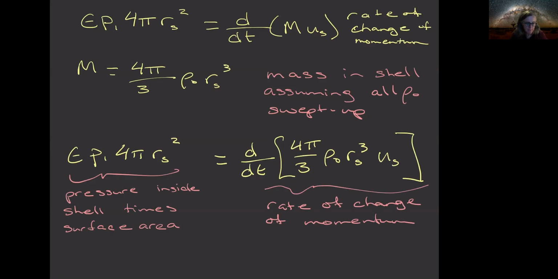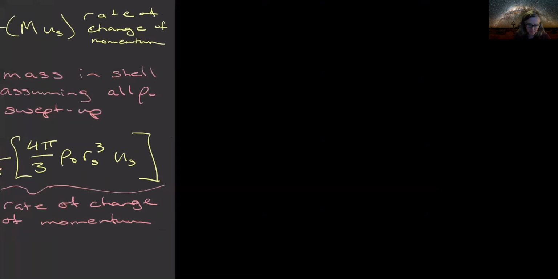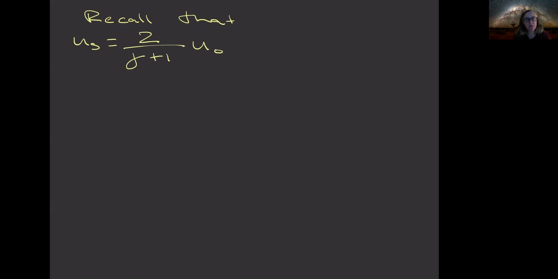So from there, we can recall a few things. First off, let us recall that the shock gas velocity is given by 2 over gamma plus 1 times the initial external velocity.